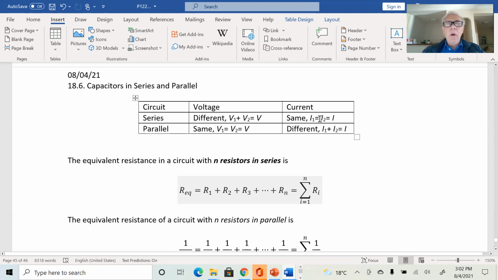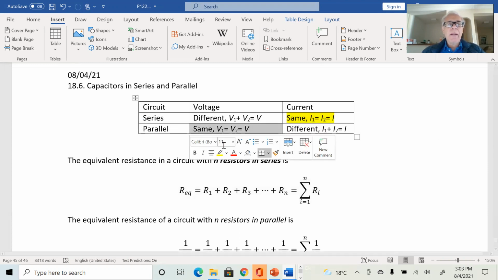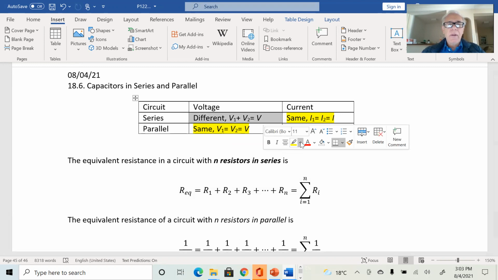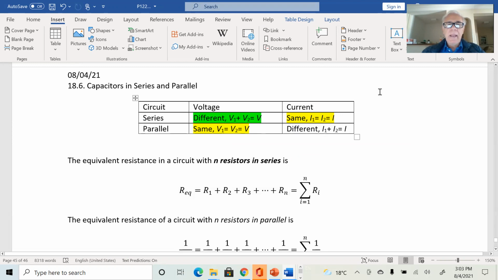What was equal for elements in series? The current. And what was the sum? Remember that? The sum in one becomes the sum of the other.